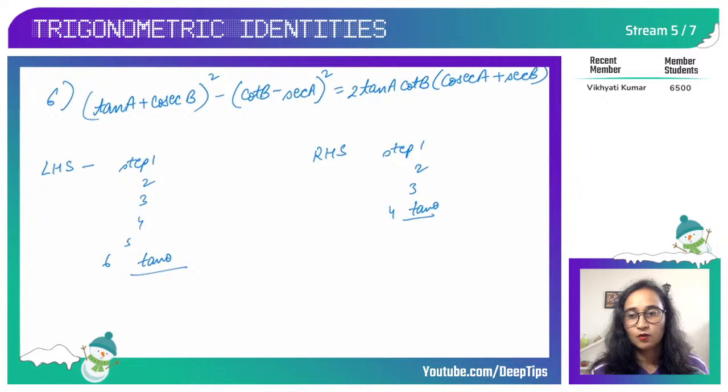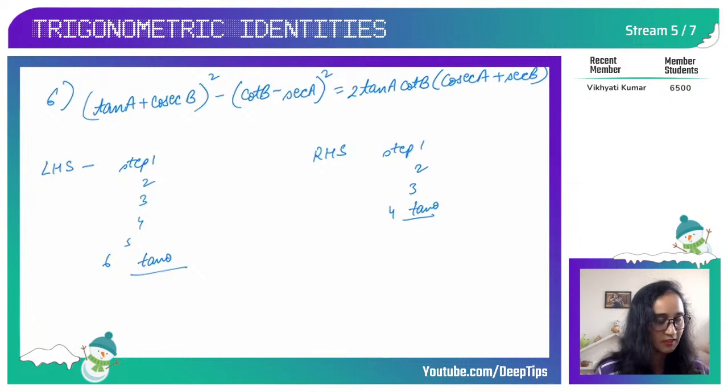But what are we doing here? We reached tan theta in both, but the question is asking something else. The question is asking to prove LHS equals RHS, but you are proving that LHS and RHS both equal tan theta. You are actually giving yourself the way to solve this kind of query. How? You reached tan theta here and also here.